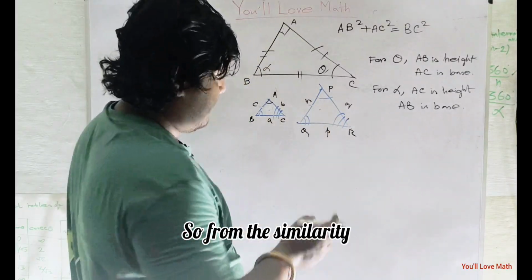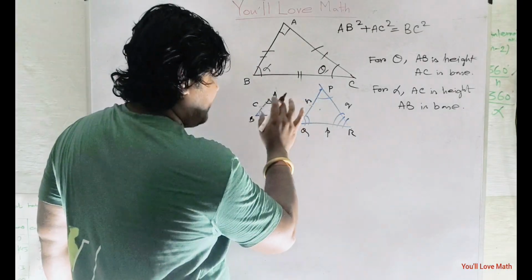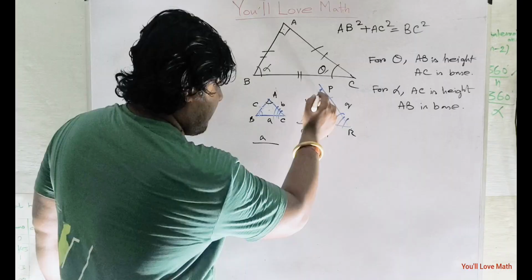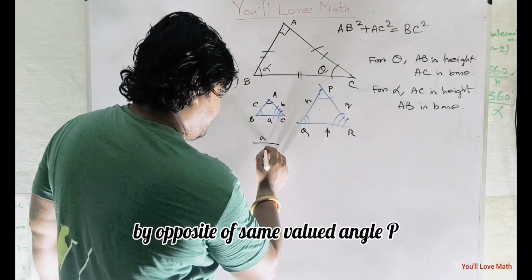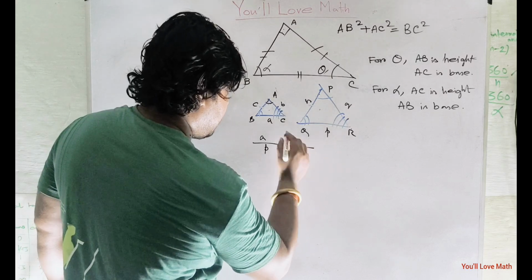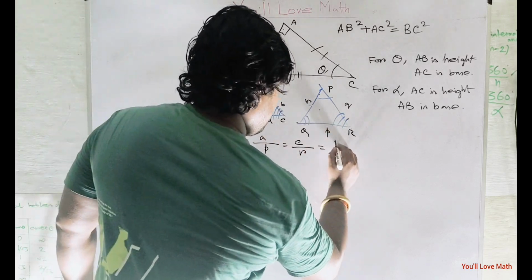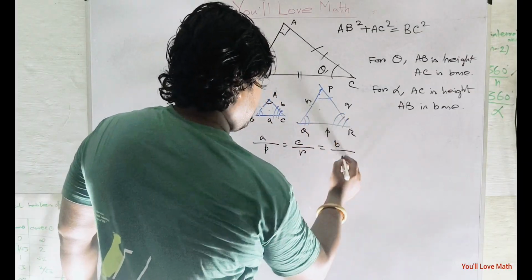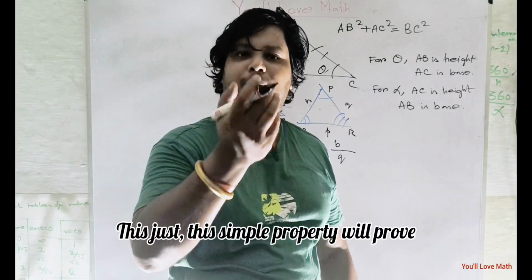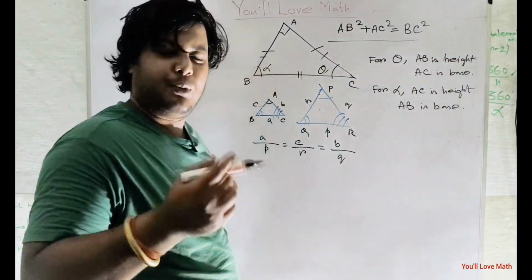From the same valued angles, a by p is exactly equal to c by r, equal to b by q. Fine, so this is the similarity property. This simple property will prove this elegant proof.